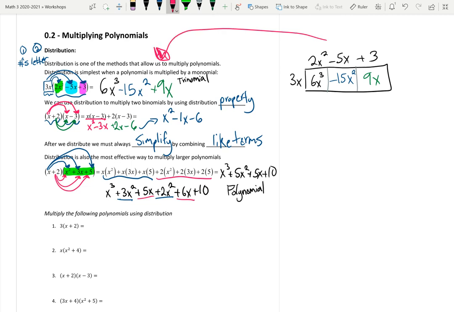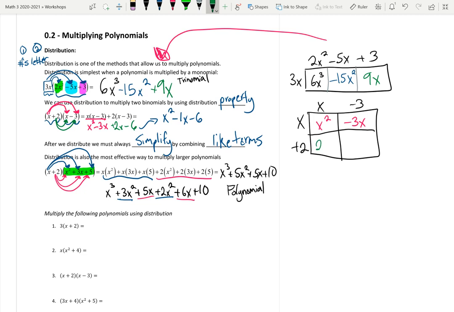I'm going to again demonstrate how to use an area model to multiply and stay organized. For this next one, I see it's x, and now there's 2 terms, so I'm going to make it a 2 by 2. I'm going to do x and negative 3, and x times x is going to be x squared. x times negative 3 is negative 3x.